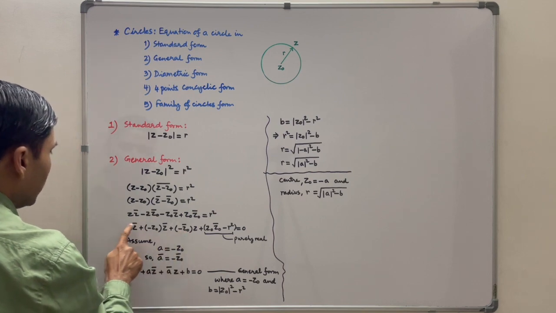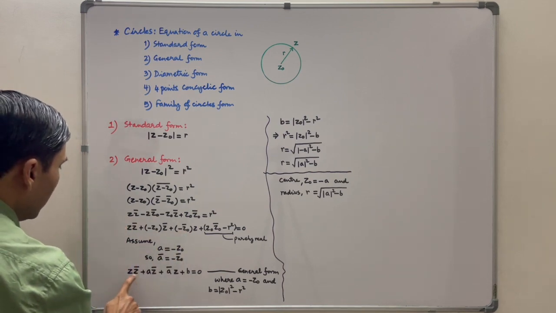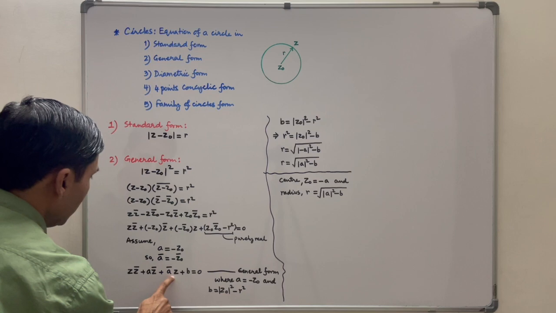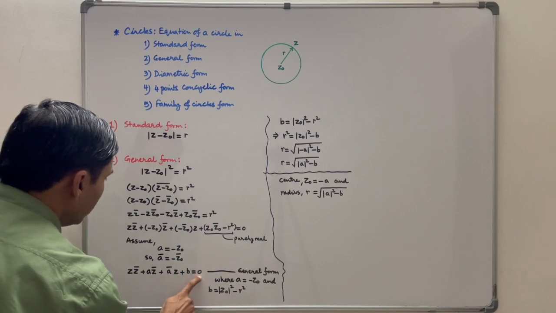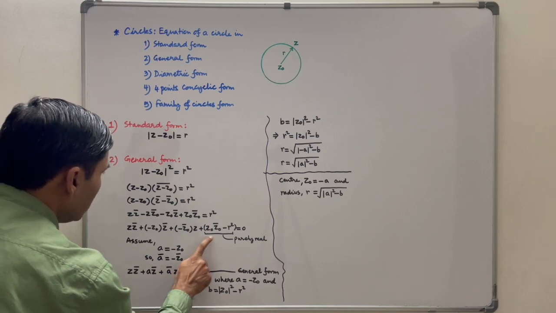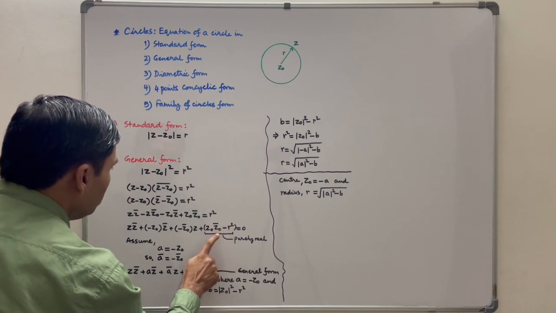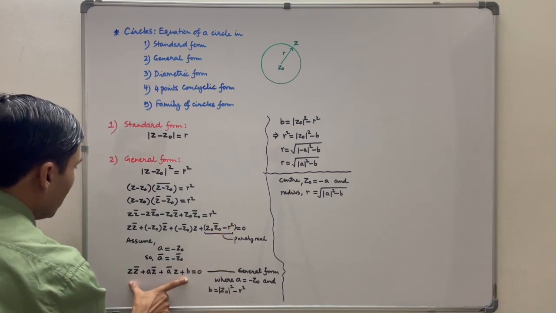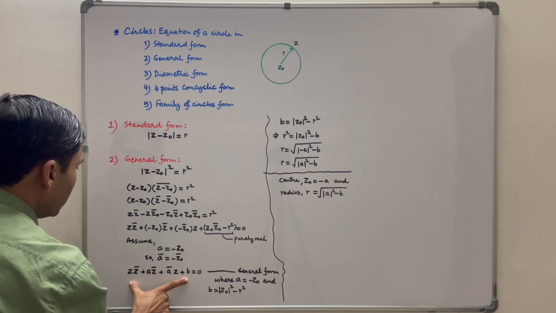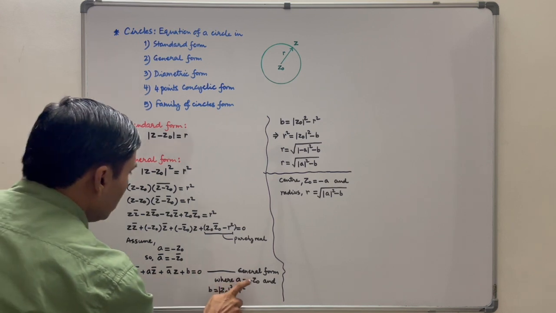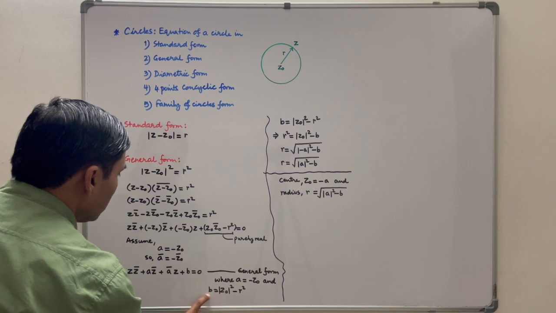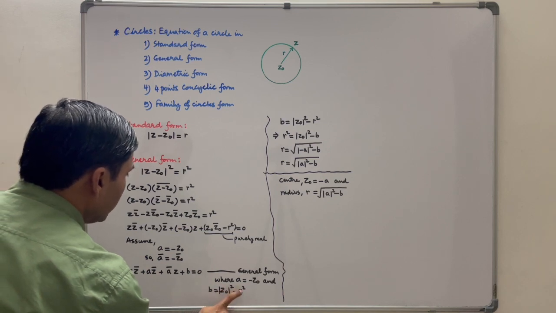So we can write this as Z Z bar plus A Z bar plus A bar Z plus B is equal to 0, where B is equal to Z0 Z0 bar minus R square, which is purely real. This is called the general form of the circle, where A is equal to minus Z0 and B is equal to mod Z0 square minus R square.